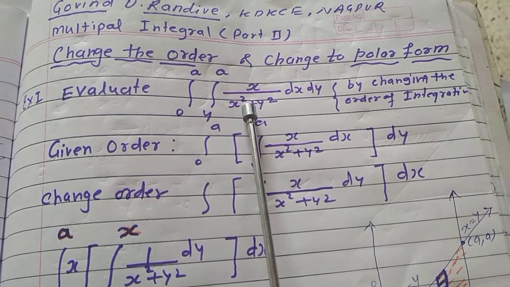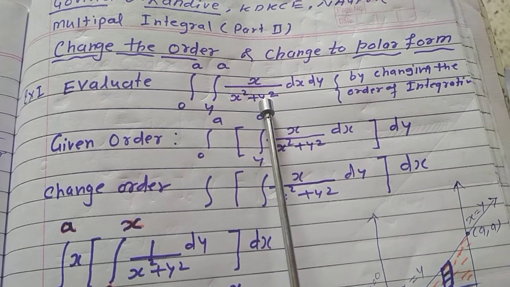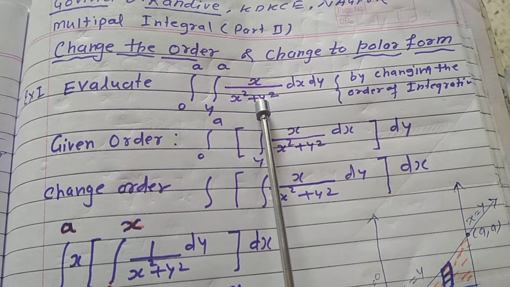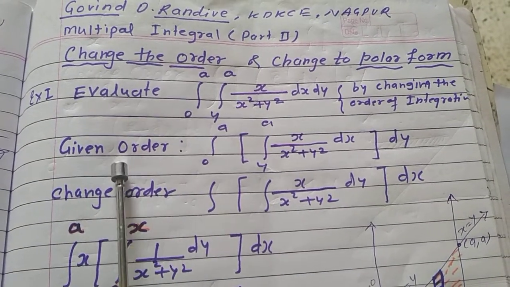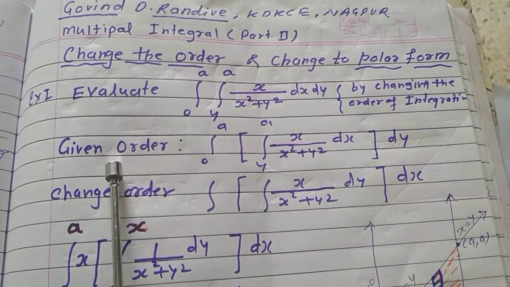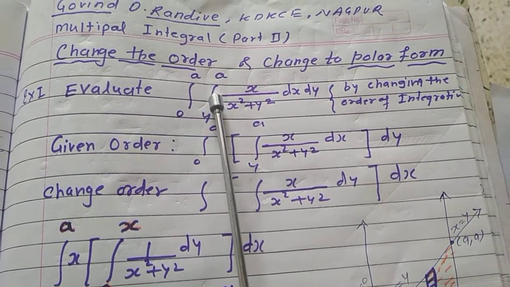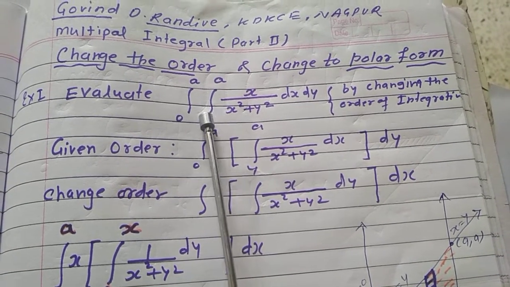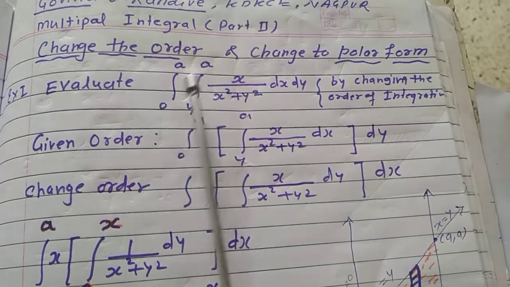So in changing the order of integration, it is most important to recognize what your first order is. In the given order, the one given in the problem, the inner integration is called the first integration and the outer integration is called the second integration.